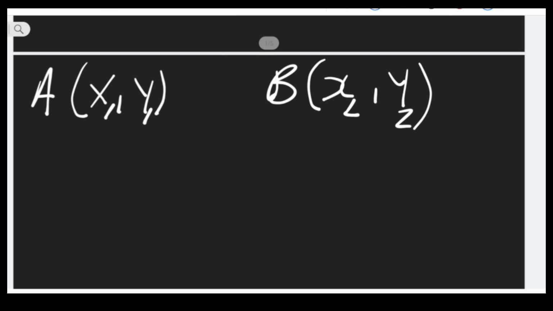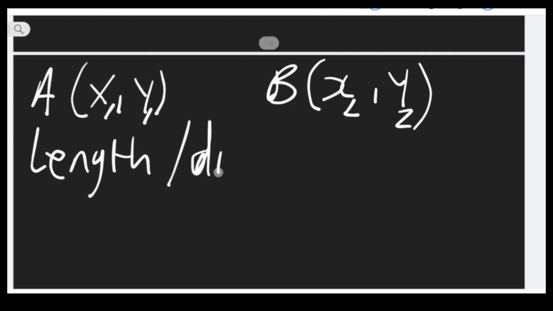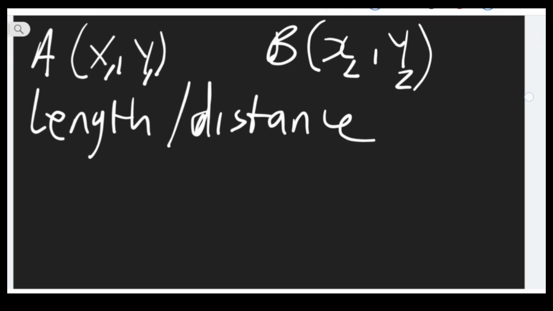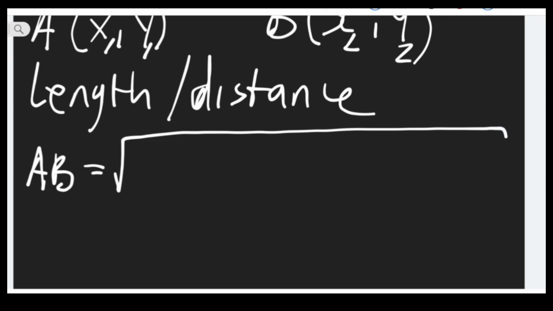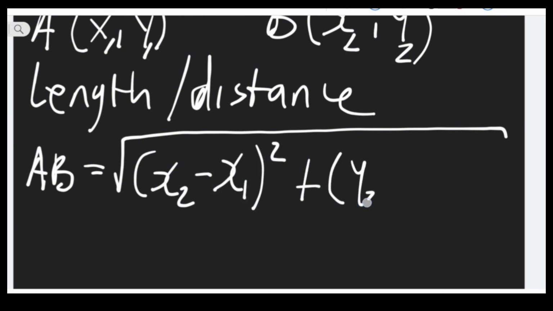In order for you to calculate the length, similarly known as distance, we can use the distance formula, which states AB equals the square root of (x2 minus x1) whole squared plus (y2 minus y1) whole squared.